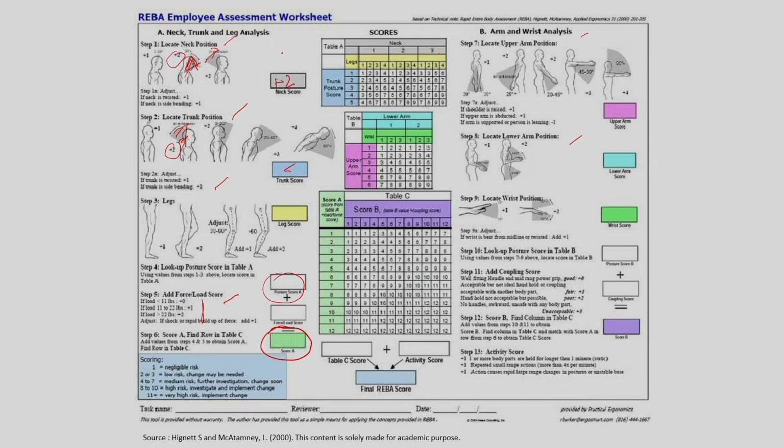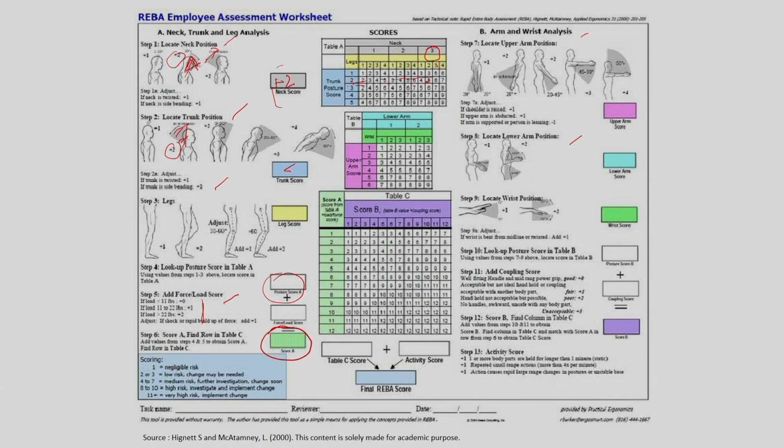Depending on the neck position, whatever value it is, maybe it is 3, then you go to neck 3. Maybe your trunk position is 2, then you go to 2.